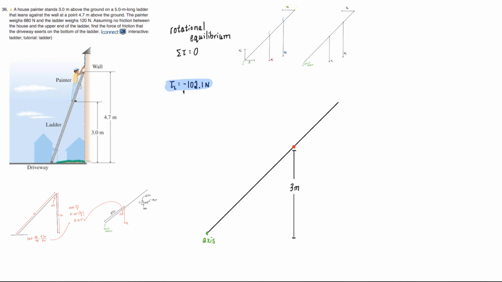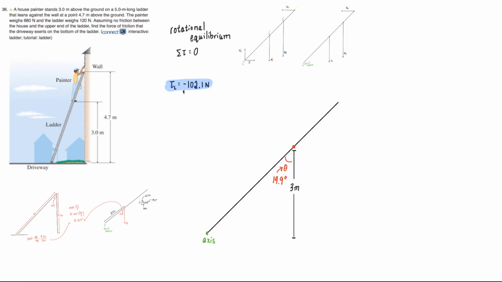We also know the angle between the ladder and the y-axis, which we calculated before, to be 19.9 degrees.